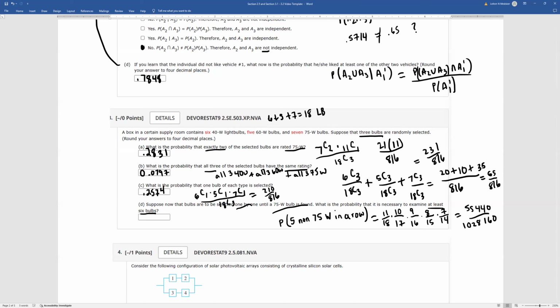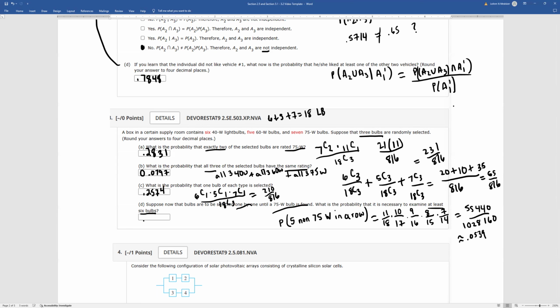Now, if you divide this, and I am going to show you an easier way to do this, but this is kind of what we're thinking. We're thinking pulling bulbs one right after the other and keeping them, and we're just doing 5 non-75s in a row. But if we divide this, I'm going to get 0.0539 when I round it.